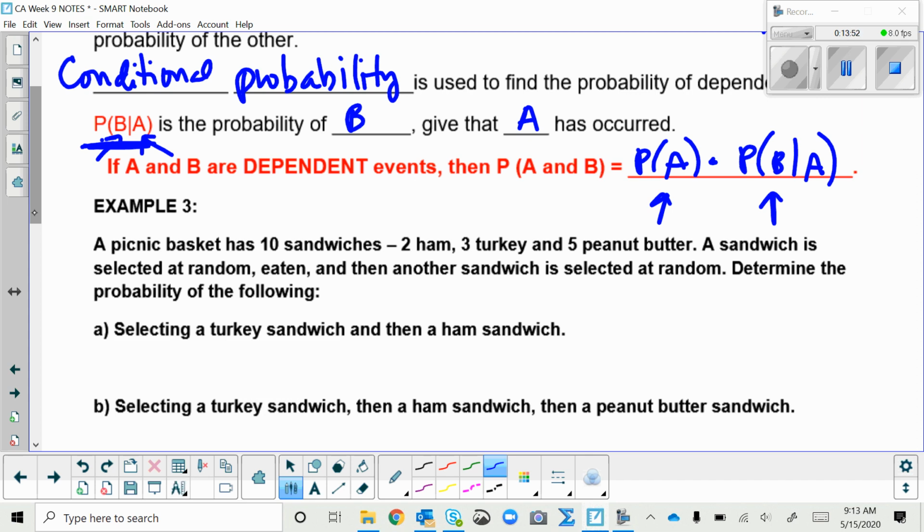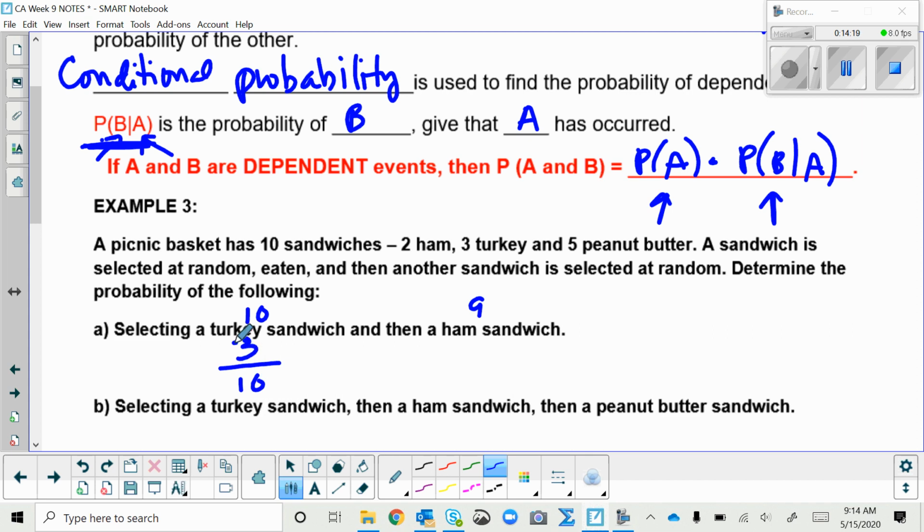Because when you select the turkey sandwich first, there's 10 possible things to choose from. Once you eat it and it's gone, when you go to select your ham sandwich, there will be only 9 things to choose from. So the probability will have changed. So let's talk about the turkey sandwich first. There are 10 possible outcomes, 3 of which are turkey.